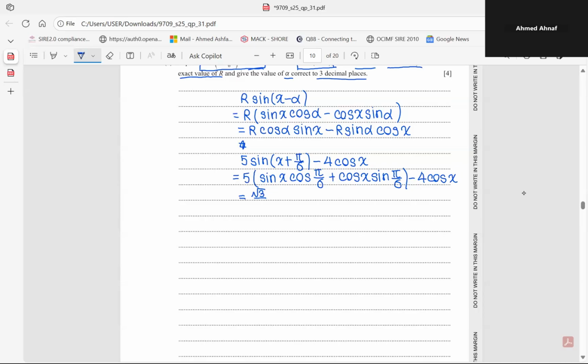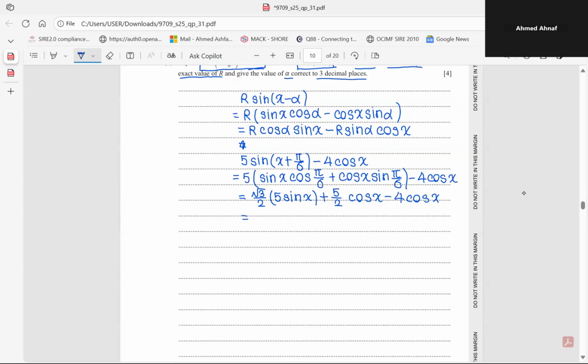So square root 3 over 2 times 5 sine x plus sine pi over 6, that's 1/2. So 5 over 2 cosine x minus 4 cosine x.